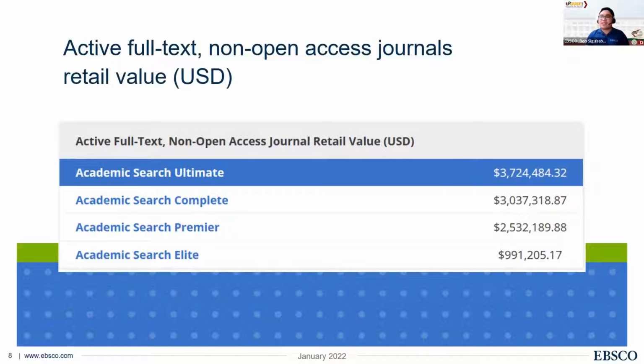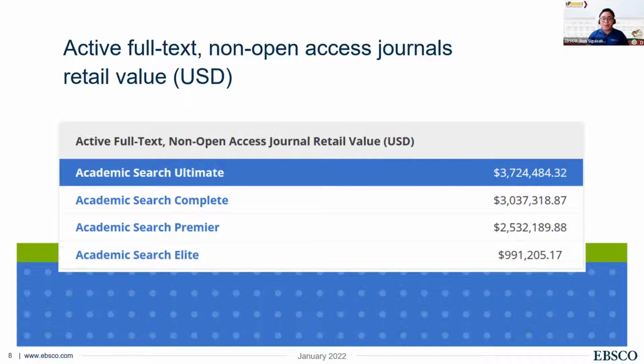Then, talking about the retail value of the total number of non-open access journals in Academic Search Ultimate. With this, you could see that if the UP system, or any other UP constituent university, will subscribe to one journal, po, or every journal in Academic Search Ultimate, that would cost the institution 3.7 million US dollars, po.